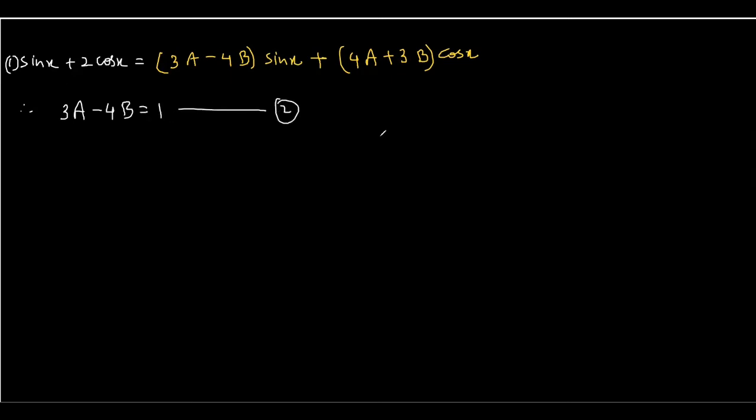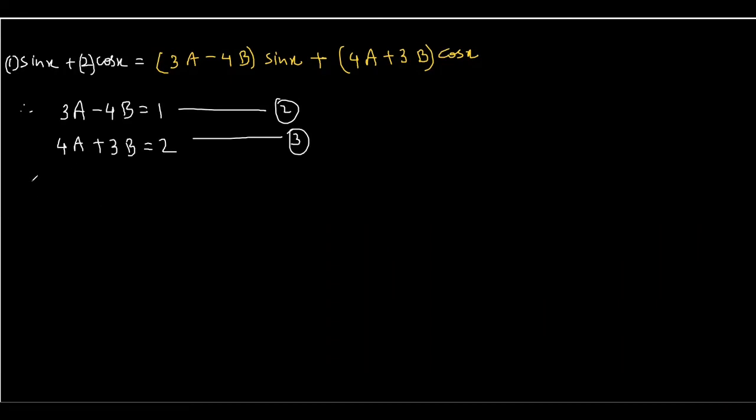And here I have 4A plus 3B equals 2, since the coefficient of cos x on the left is 2. This is equation number 3. Now what I will have to do, students, is solve for A and B.